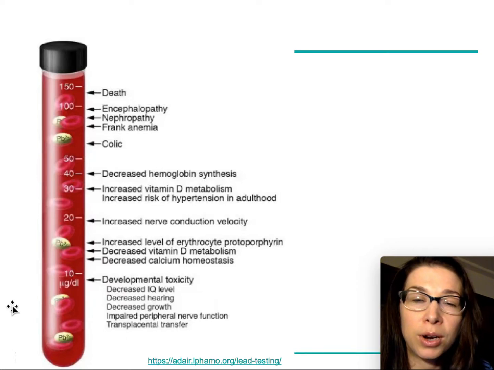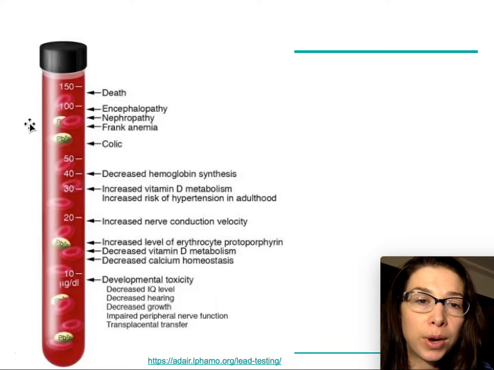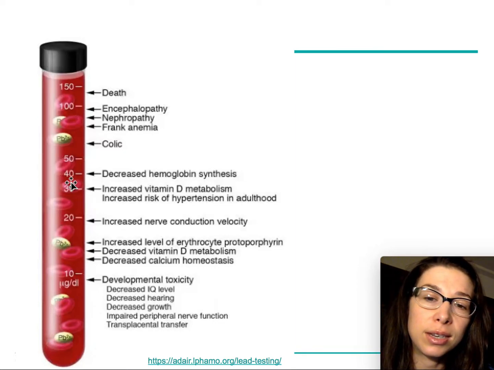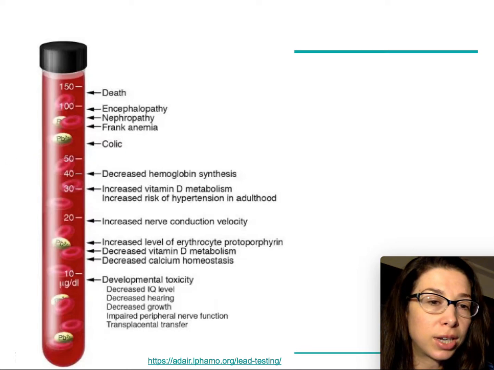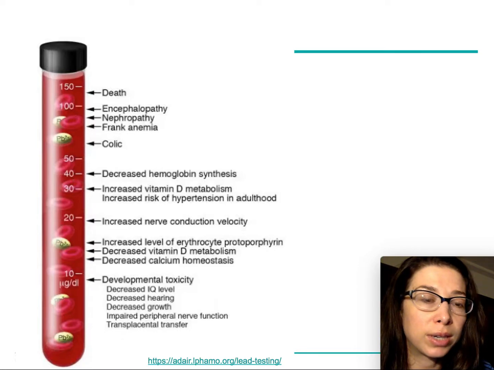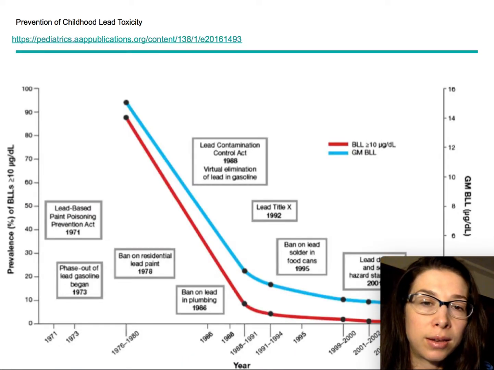So keep that number in mind, 10 micrograms per deciliter. And we can see with higher quantities, at some point, you're going to have extremely severe reactions. So you can have acute lead toxicity, but in general, we're talking about lower level exposure rates.